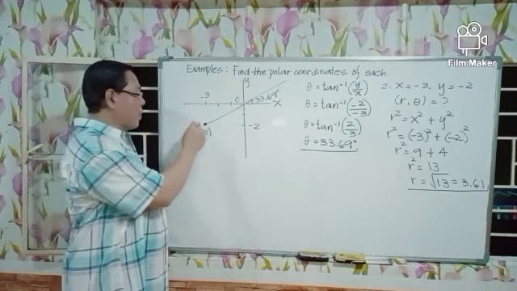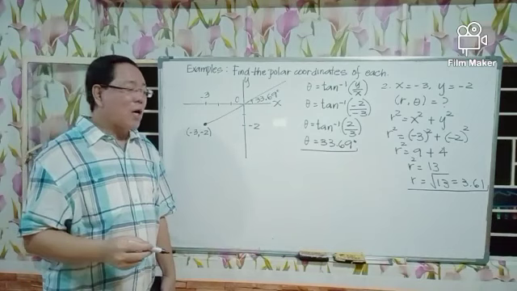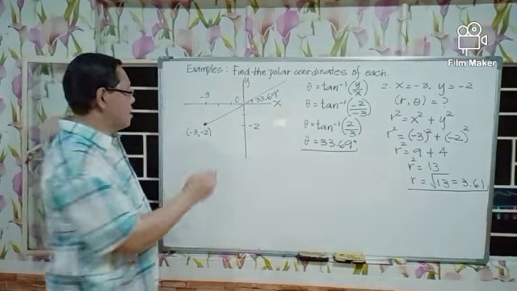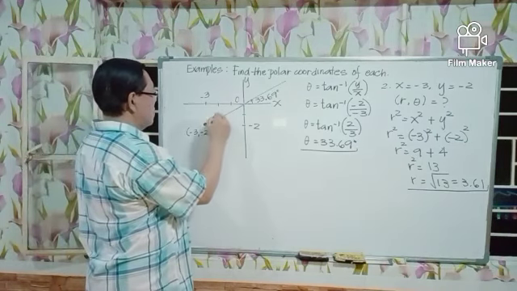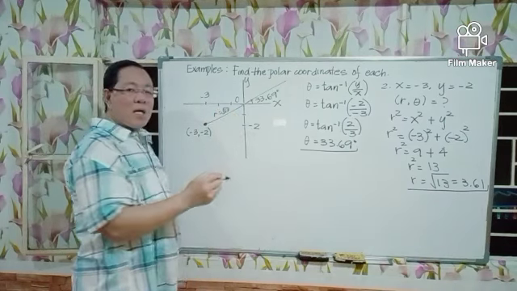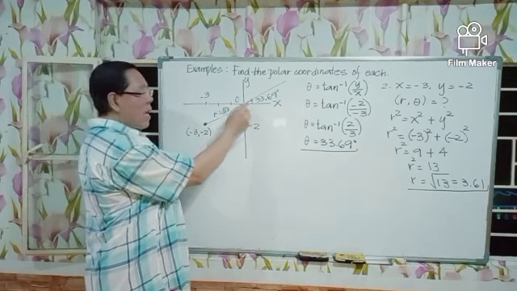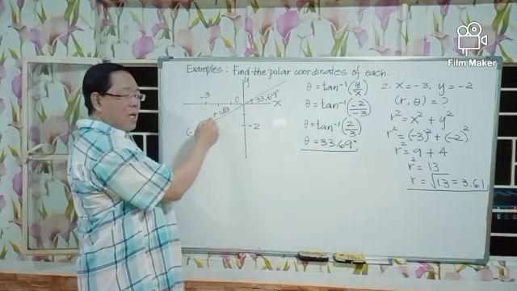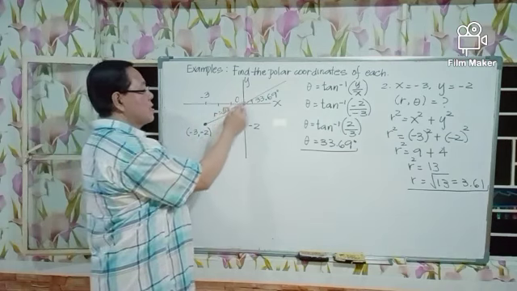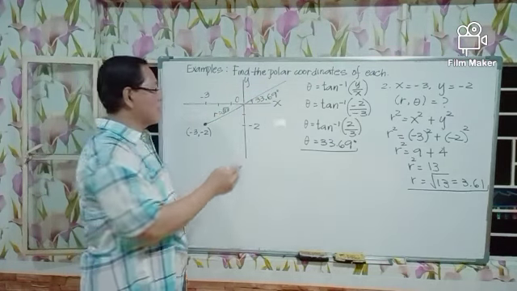The distance now of this point from the origin is the radius vector r equals square root of 13. And the angle that we want is the angle measured from the positive x up to this ray on the opposite side of the terminal side of 33.69 degrees.